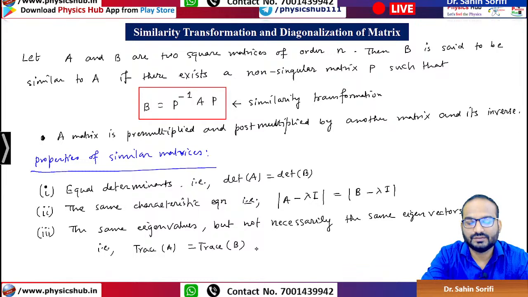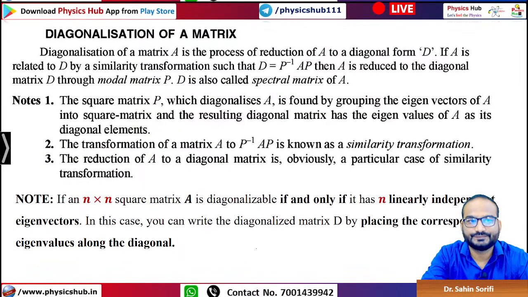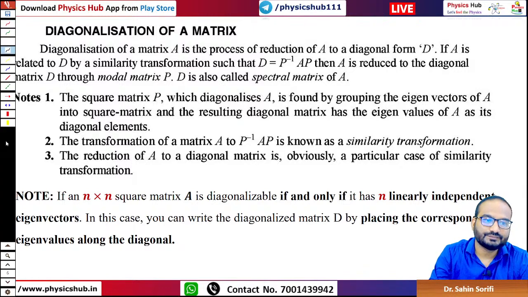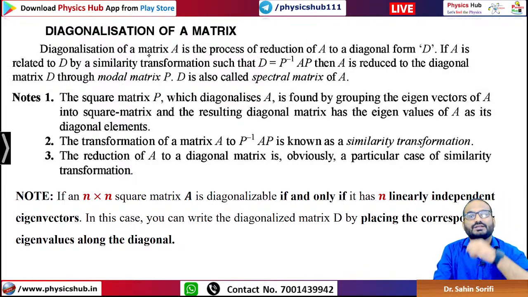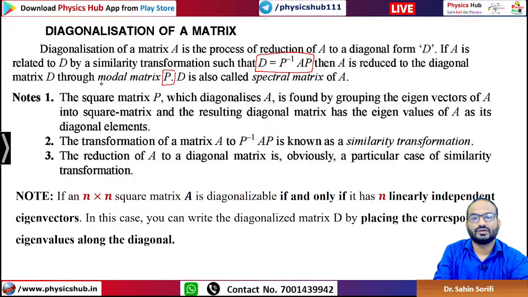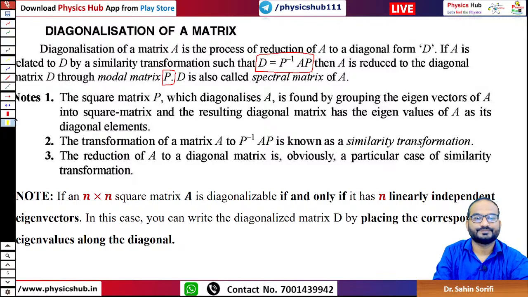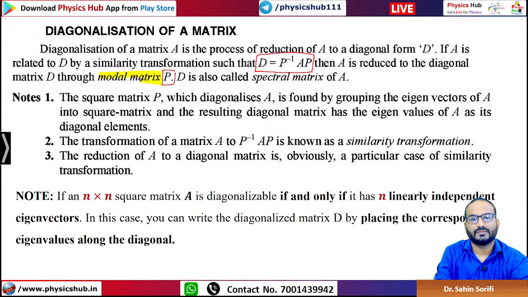Let's see these notes on diagonalization of a matrix. Diagonalization of a matrix is the process of reduction of A to a diagonal form D. If A is related to D by similarity transformation such that D is equal to P inverse AP, then A is reduced to the diagonal matrix through the modal matrix P. The matrix P is known as the modal matrix, and this diagonalized matrix is known as the spectral matrix.